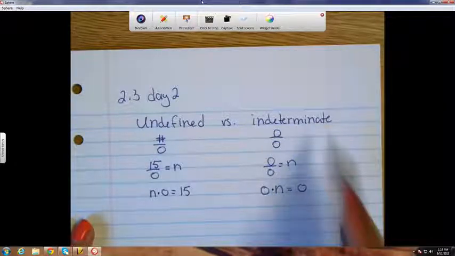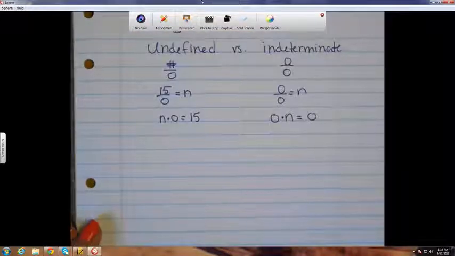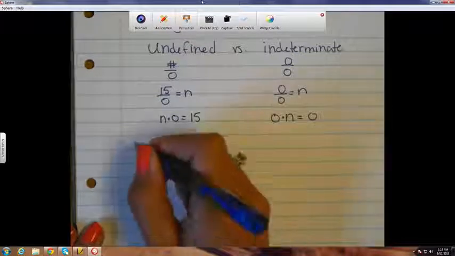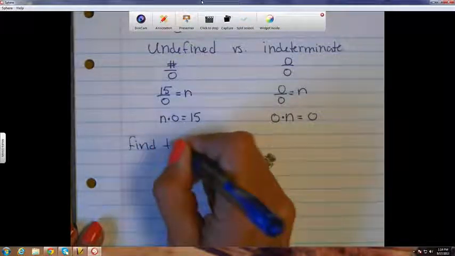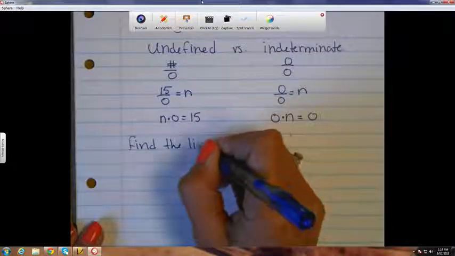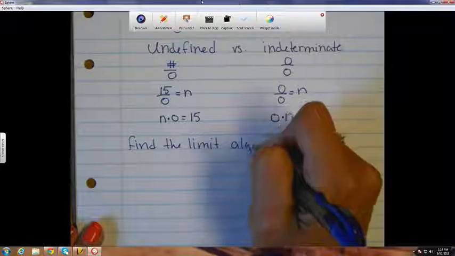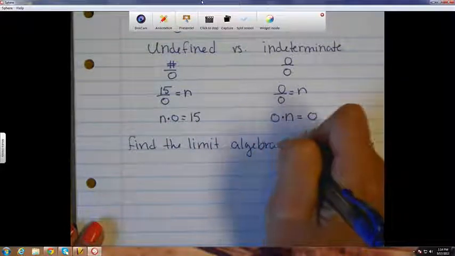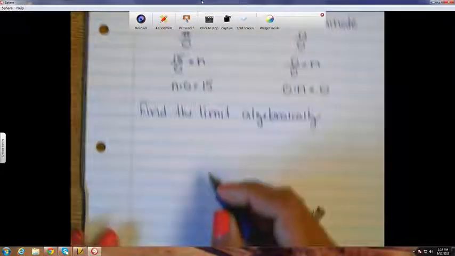Okay. Now to the new stuff. All examples today. So we are going to find the limits algebraically. Love algebra. First one.